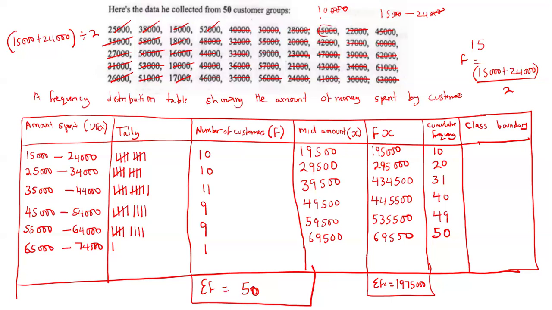It is 14.5. Then 14.5 is very small compared to the 15,000. Still, that one is very small.